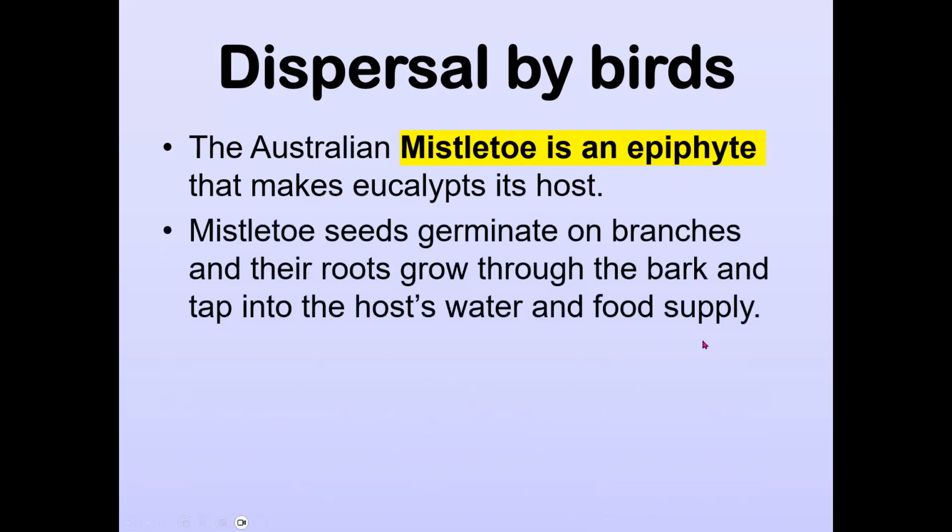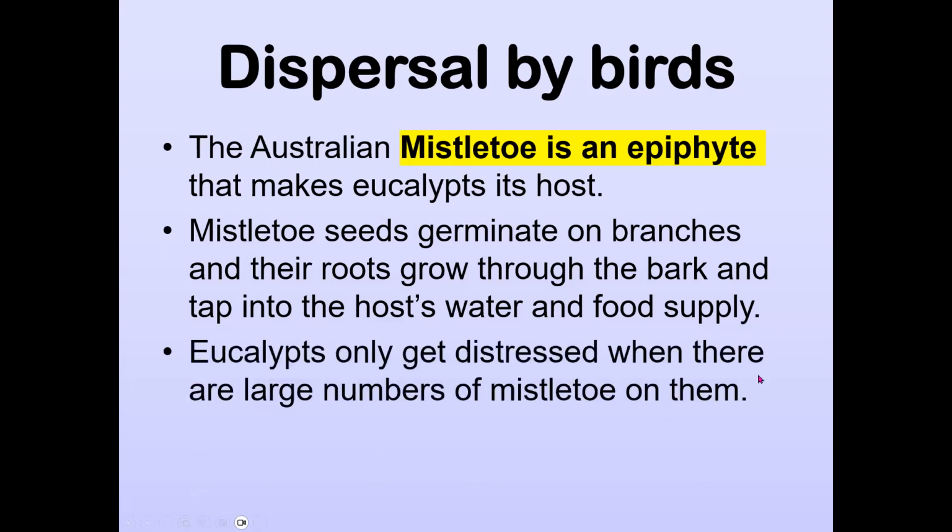So the seeds germinate on the branches, the roots grow in through the bark and tap into the host water and food supply. And a normal, healthy tree will have no problem at all with a small number of them, but sometimes they get so many they just kill the tree off.